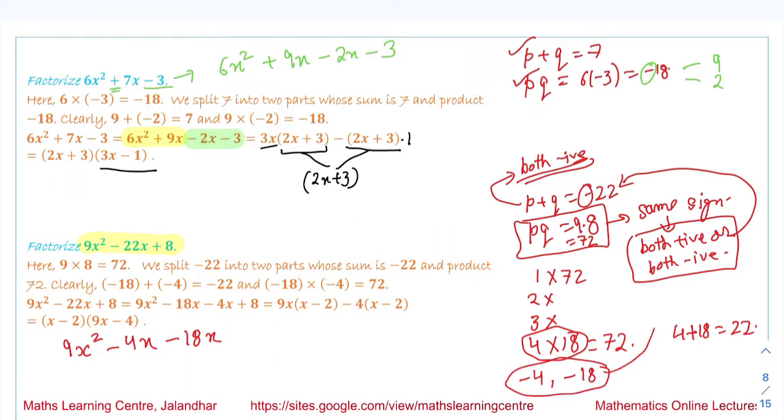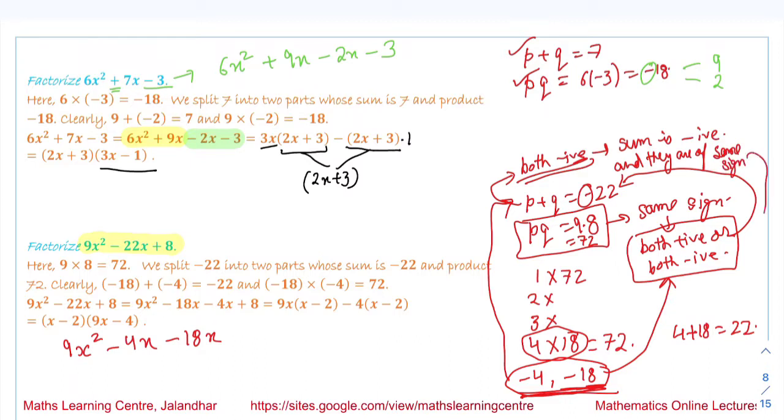Why? Because both should be either positive or both negative. The second condition is that their sum is negative. It means both numbers should be negative. They are of the same sign, which comes from the product condition, and from the sum condition we get that their sum is negative.